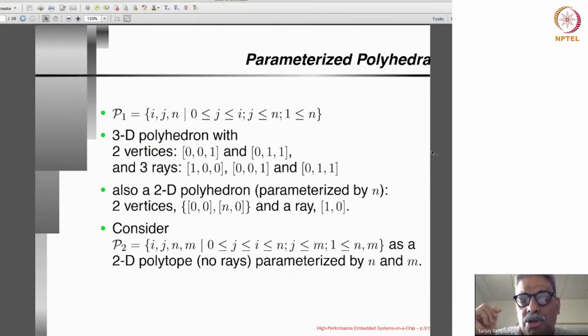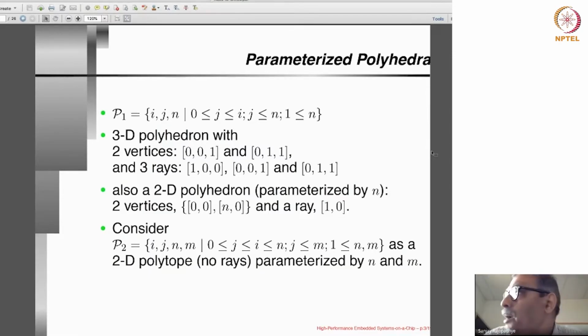Okay, so 0, 0, n, 0, and n, n are the 3 vertices of this triangle. Okay. And now I have an additional constraint, that is j less than or equal to m, and m is a completely independent parameter. Okay.